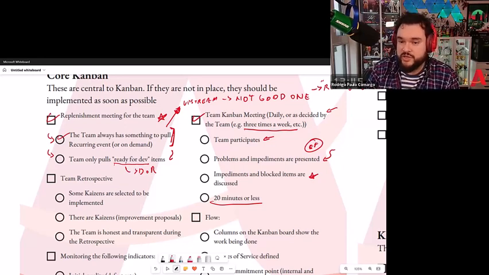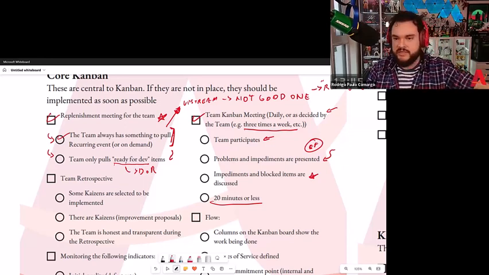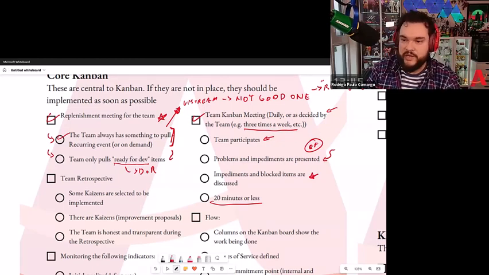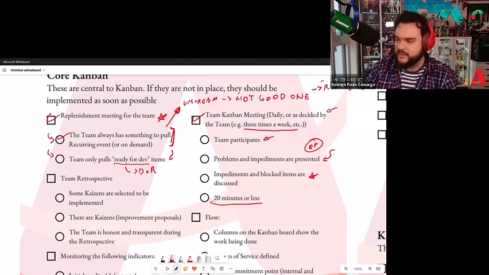And I already saw some coaches, scrum masters, delivery managers being really harsh on the time, saying, yeah, my team is doing 17 minutes and 30 seconds, so I need to make it 15. And is your team being effective? Yes. 2 and a half minutes is not going to make a lot of difference at the end of the day. You have a problem if it's 30 minutes, 45, 1 hour, and a lot of teams are still like that.